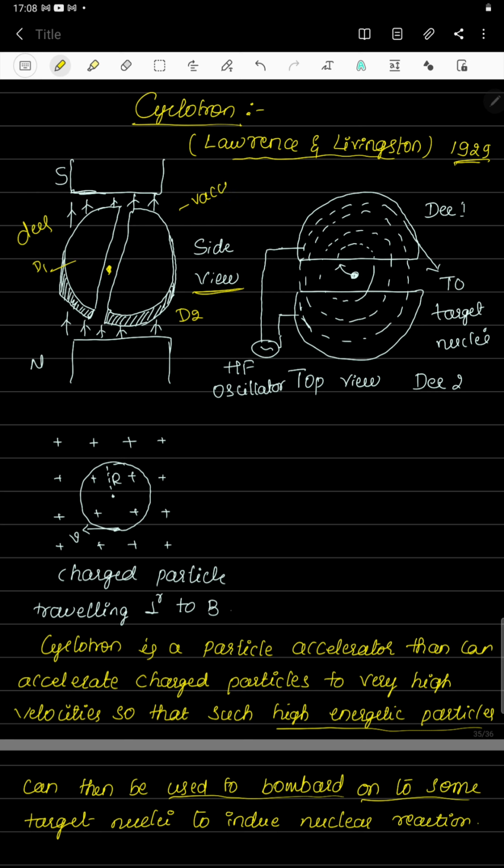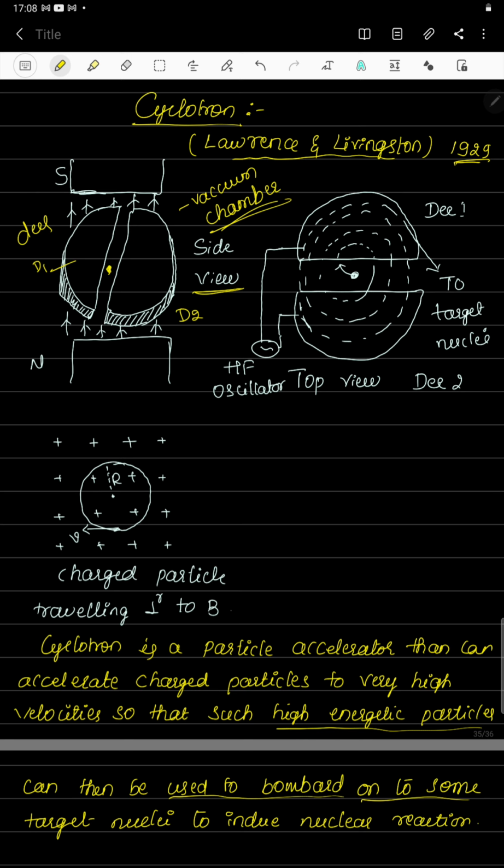This whole setup is placed in a vacuum chamber, in order to prevent the entry of particles from the atmosphere.